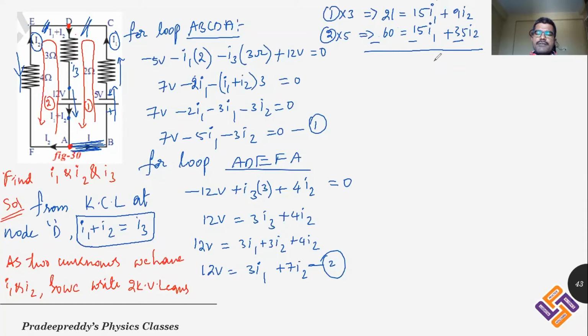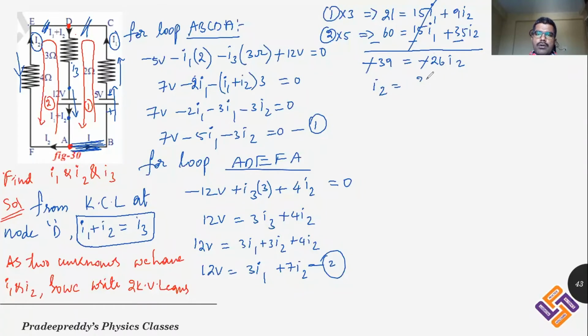Plus 15 I1 minus 15 I1 gets cancelled. What is left over here? 21 minus 60. So that is minus 39 is equal to, here 9 minus 35. So it will be minus 26 I2, negative negative gets cancelled.